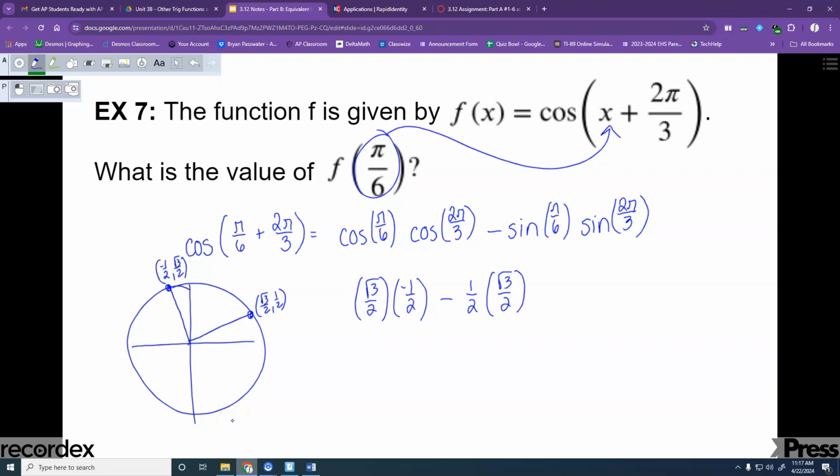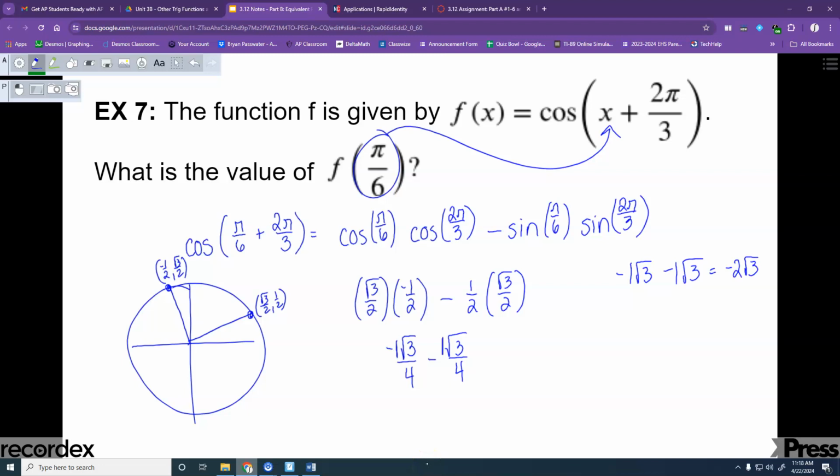And if we multiply together here, that is going to give me negative square root of 3 over 4 minus the square root of 3 over 4. Putting these together might be a little bit confusing with the roots. It might be helpful to put like the 1 here and the 1 here. So when we do negative 1 square root of 3 minus 1 square root of 3, we will get negative 2 square root of 3.